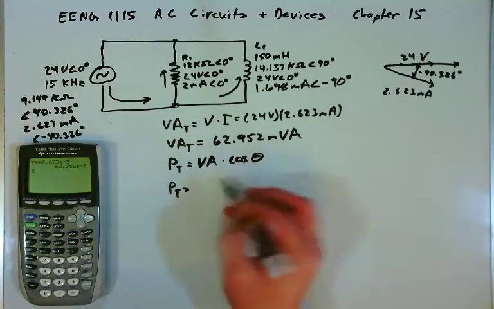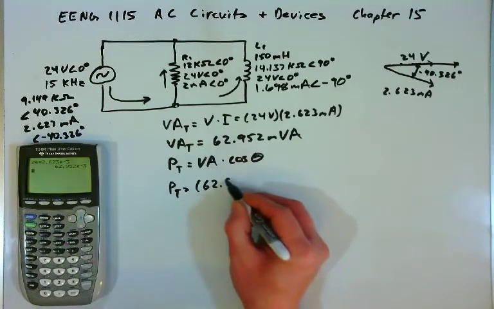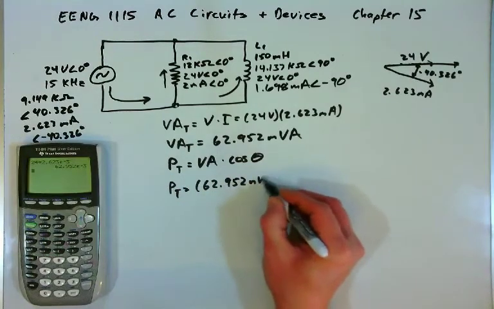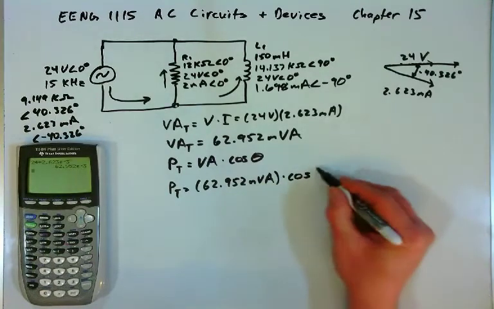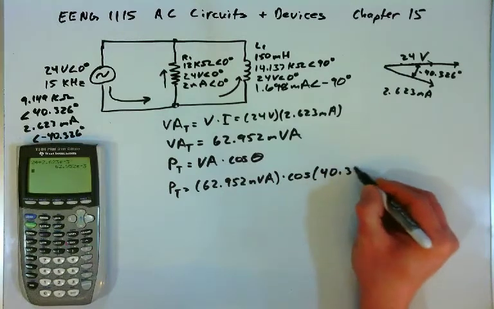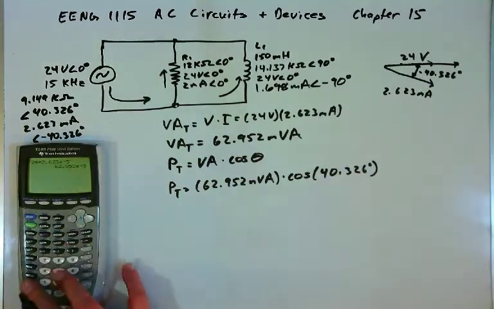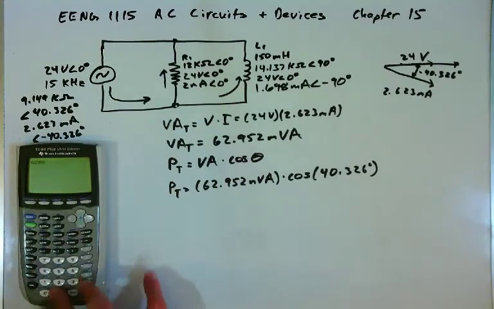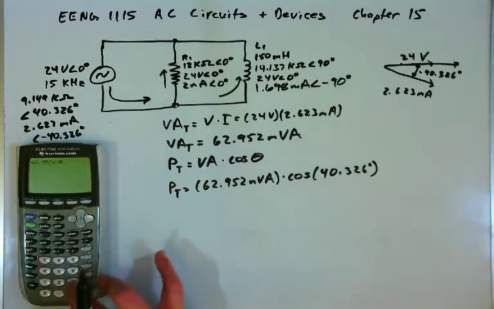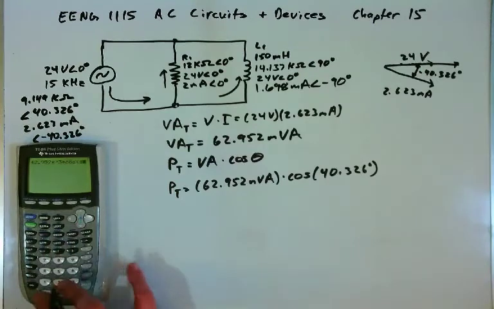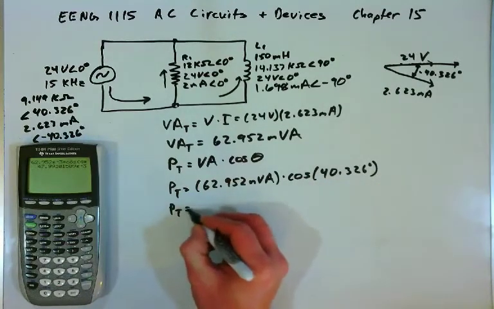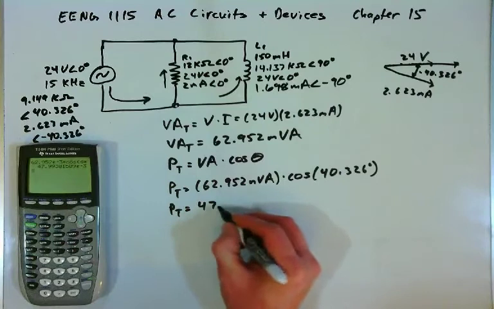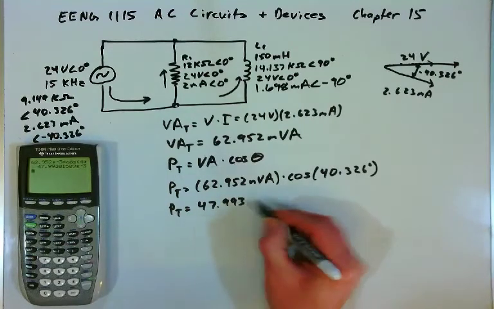So the total power will be the volt amps, which we already have, 62.952 millivolt amps, times the cosine of the absolute value of the angle, 40.326 degrees, and we get a power of 47.993.